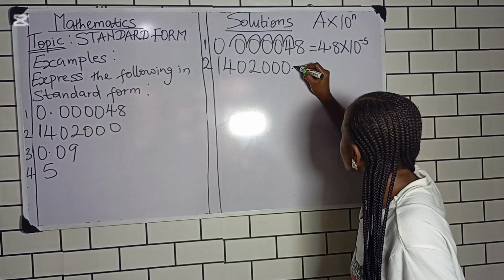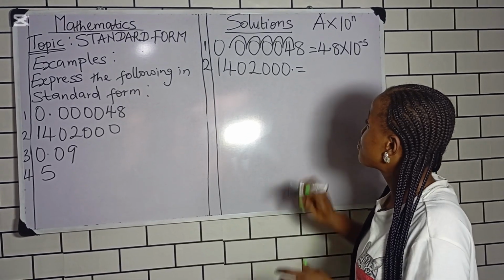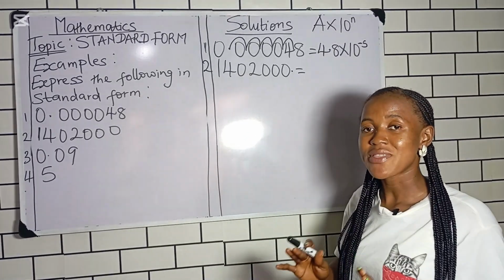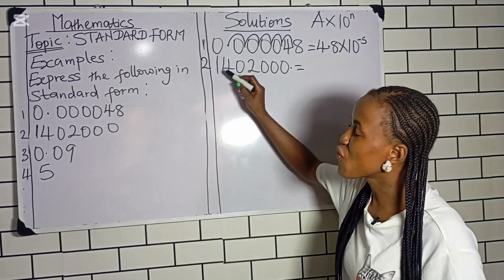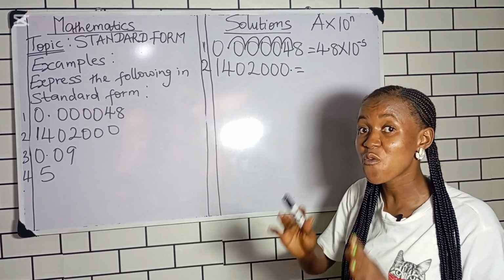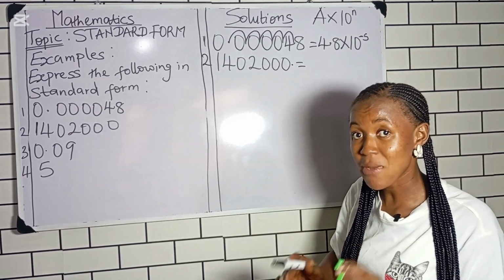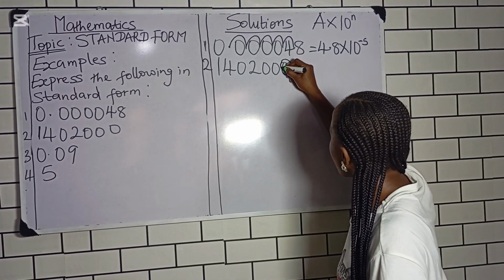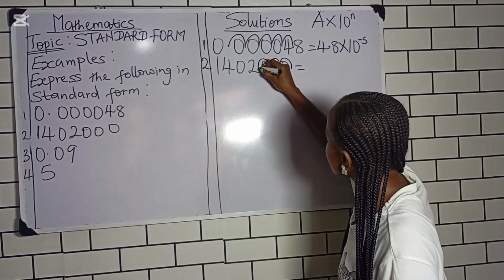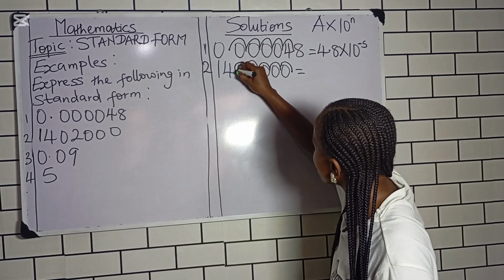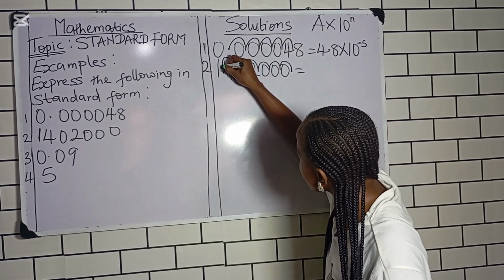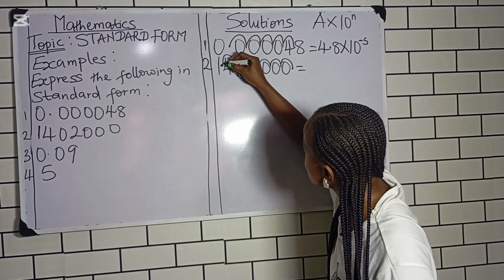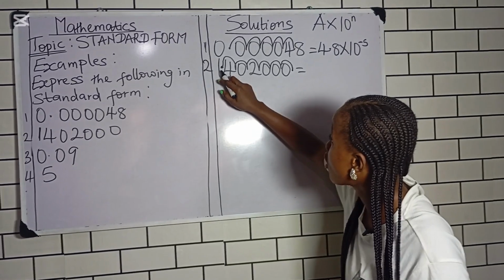Now we're going to count and place our decimal point after the first digit. Now we count 1, 2, 3, 4, 5, 6. 1 is the first digit here. Therefore, we're going to place our decimal point after 1.